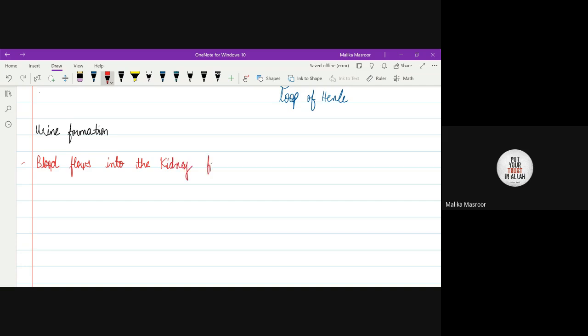Then your renal artery basically divides to form many tiny coiled capillaries.